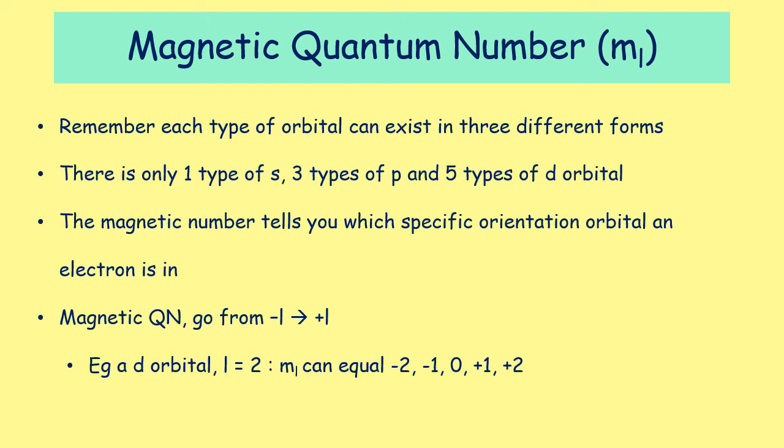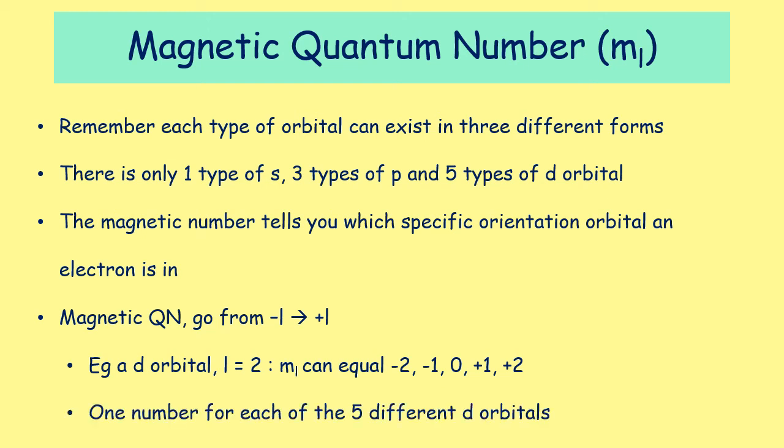You just need to be able to relate the values of the magnetic quantum number to the values of the angular momentum quantum number. And so one for each of the 5 d orbitals. If you had a p orbital, the angular momentum would be 1, and the magnetic values would be -1, 0, and 1, indicating the 3 types of p orbital.